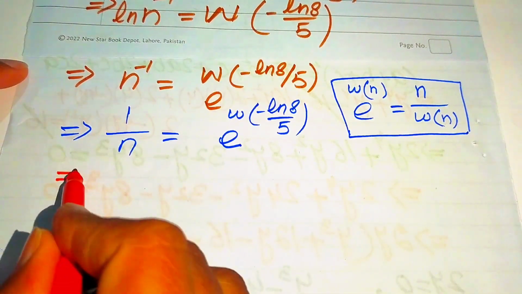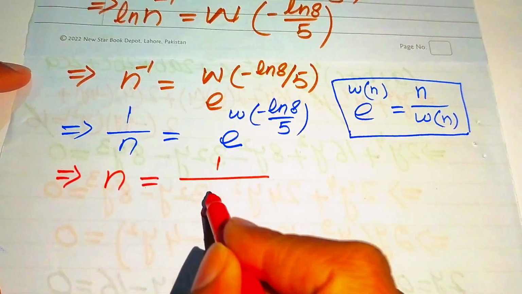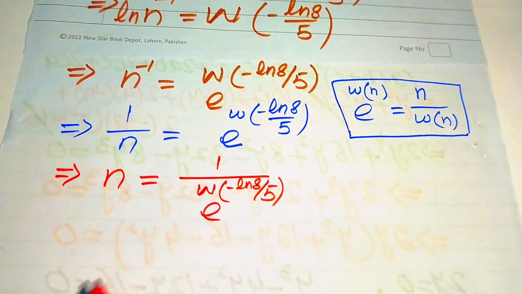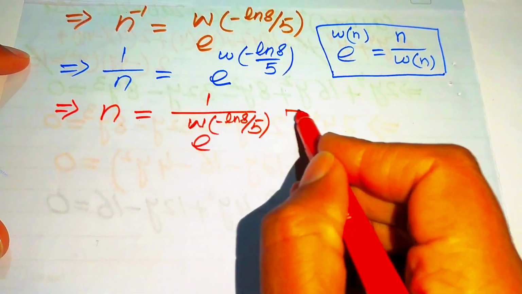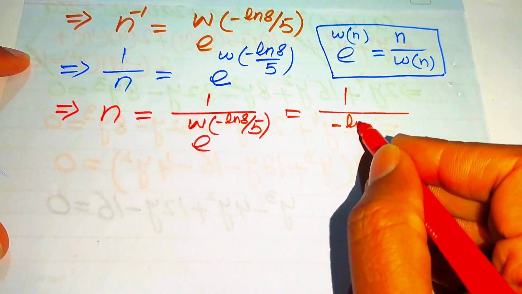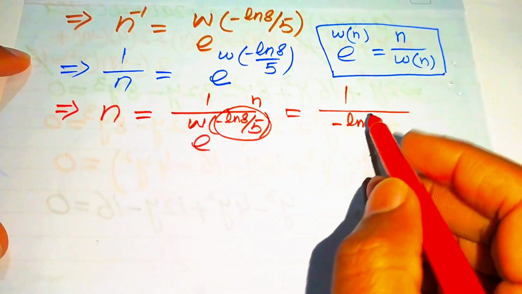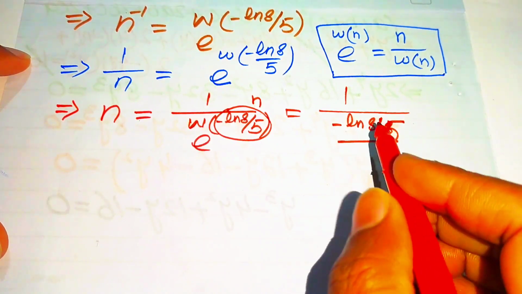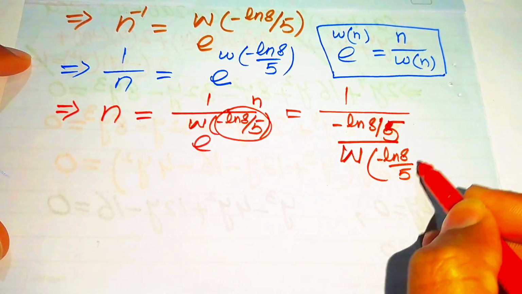First we take the reciprocal on both sides, and you get n equals 1 over e to the power of W of minus log 8 divided by 5. Now we use this property. Here you see that this is our x, so our x is minus log 8 over 5, and it is divided by the Lambert W function of minus log 8 over 5.